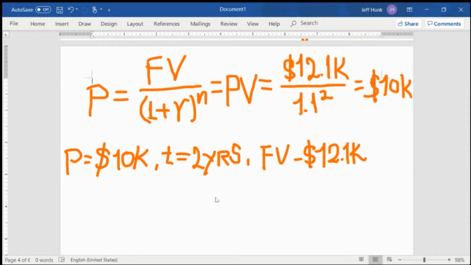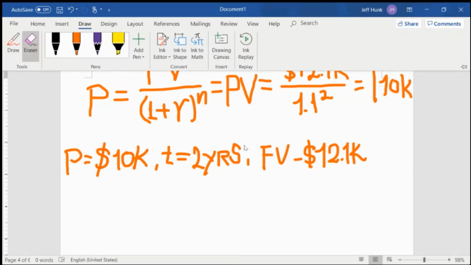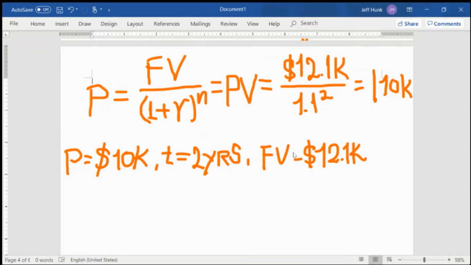In other words, if you want to have $12.1K, and you have 10K as principal, the question is, what should be the interest rate? What's missing is the interest rate.